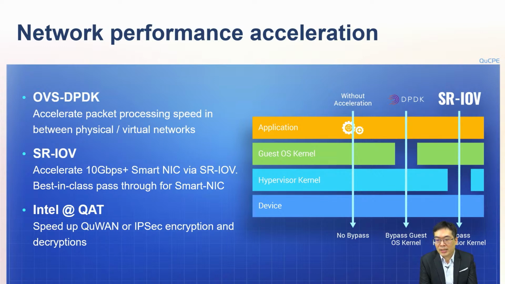And also SR-IOV. The basic concept of SR-IOV is part of the technology from the smart NIC card. It can help you attach your NIC card directly to your VM or VNF and bypass your hypervisor kernel, which will be QNE in this case.